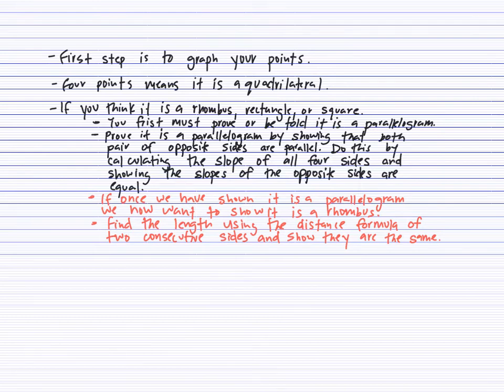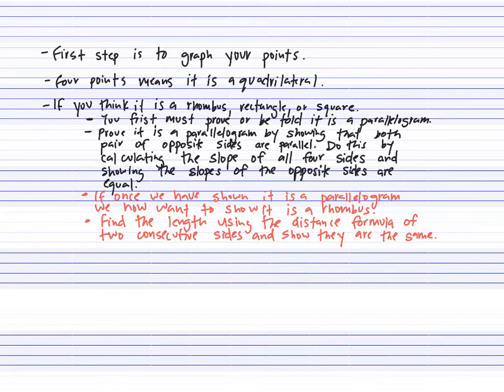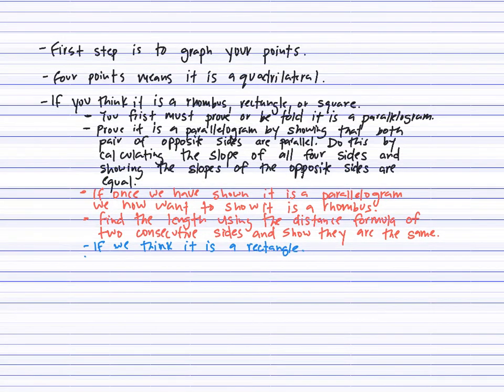Let's say I think it is a rectangle. If we think it is a rectangle, first we showed it's a parallelogram. Then our next step, use that slope again. This is kind of straightforward. We already found the slopes of all the sides to show it was a parallelogram.